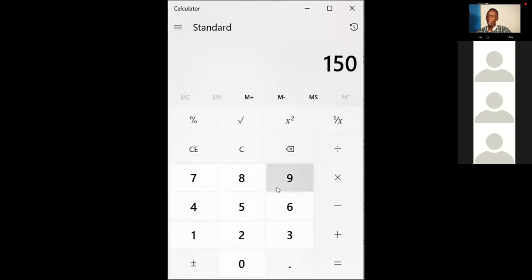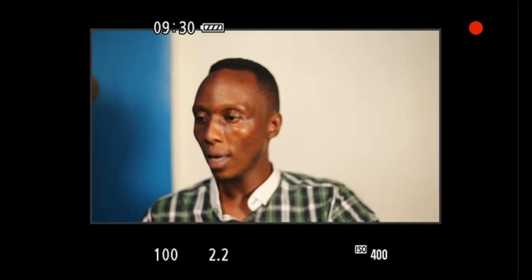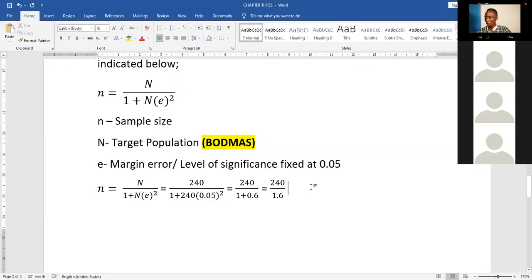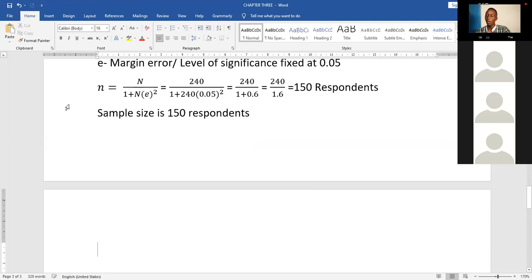The answer is 150. So let me cross here, because we've already gotten the answer. The answer is 150 respondents. Therefore our sample size is 150 respondents, and that's how we get the sample size.